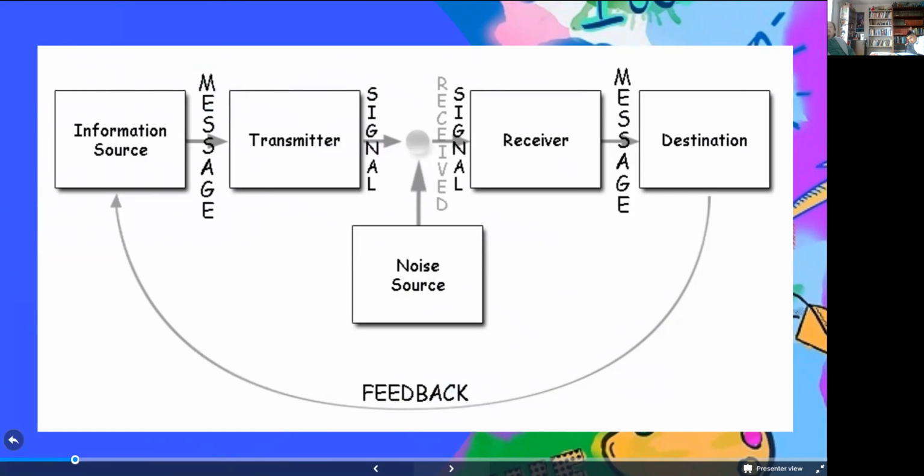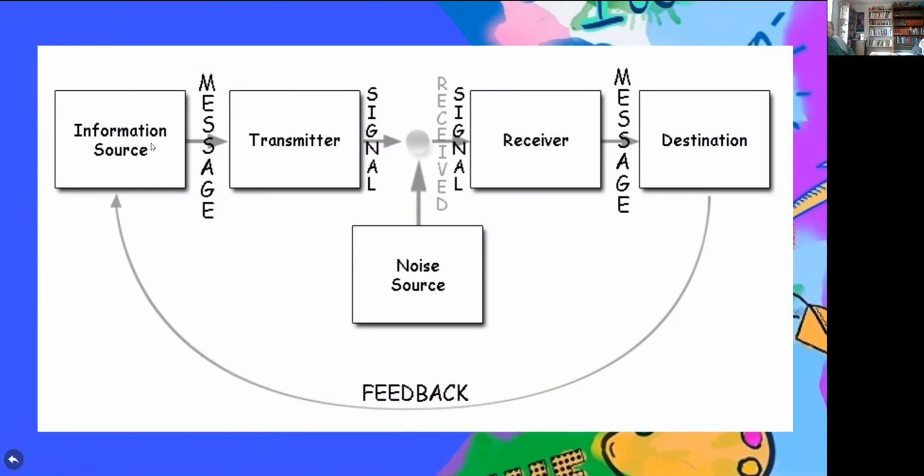But the idea is that you start out with your source of information, maybe you yourself. If you are the communicator, you put together a message, and that message is sent to a receiver, right? Who then processes the information into his or her brain, and then maybe feeds back.